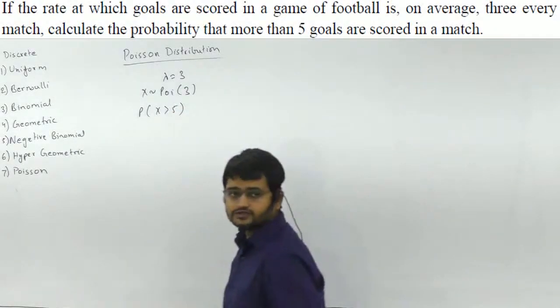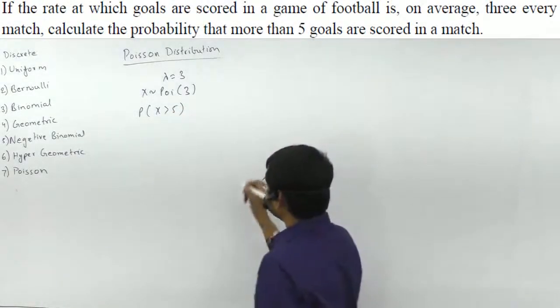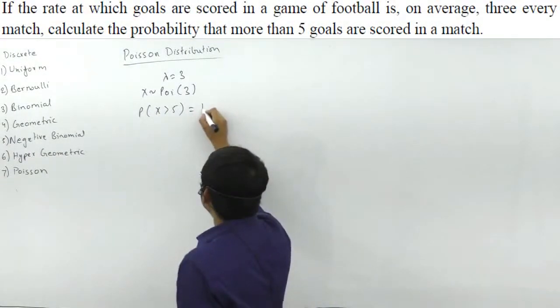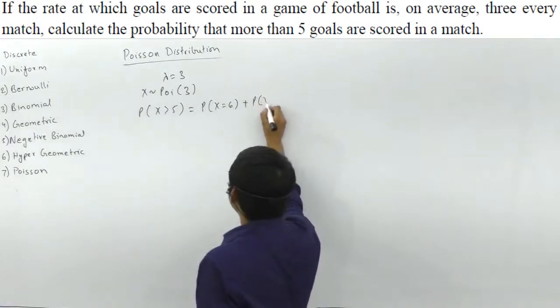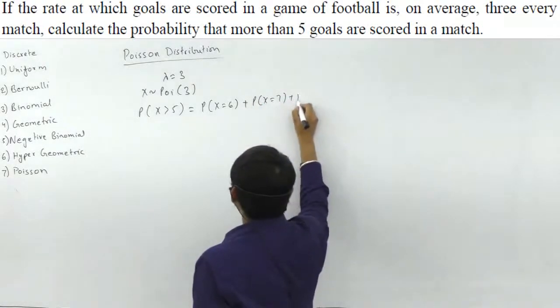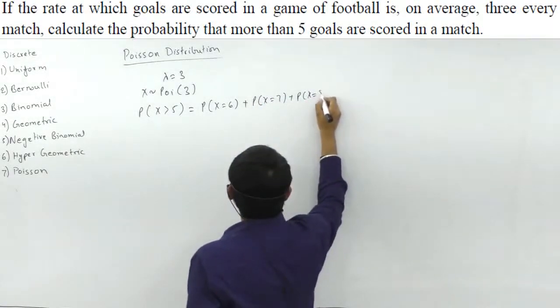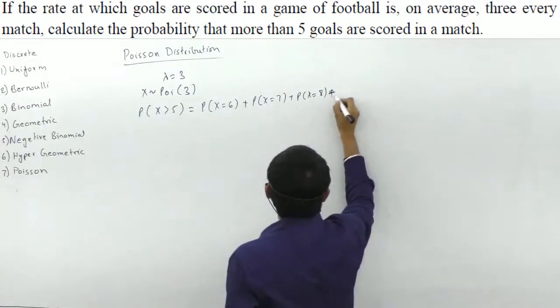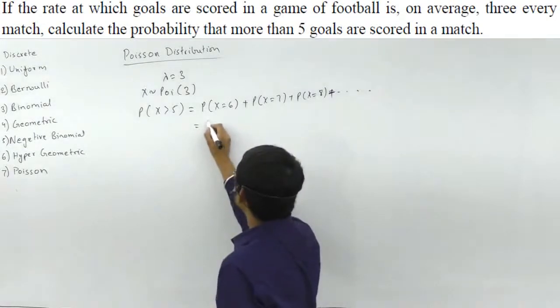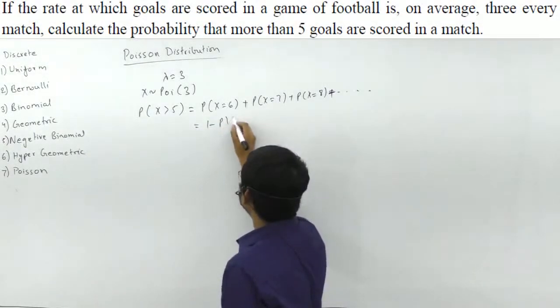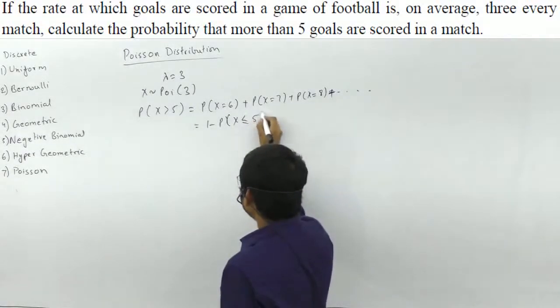More than 5 goals will be nothing but probability x is equal to 6 plus probability x is equal to 7 plus probability x is equal to 8, and so on till infinity. Or I can just say this is nothing but 1 minus probability x less than or equal to 5.